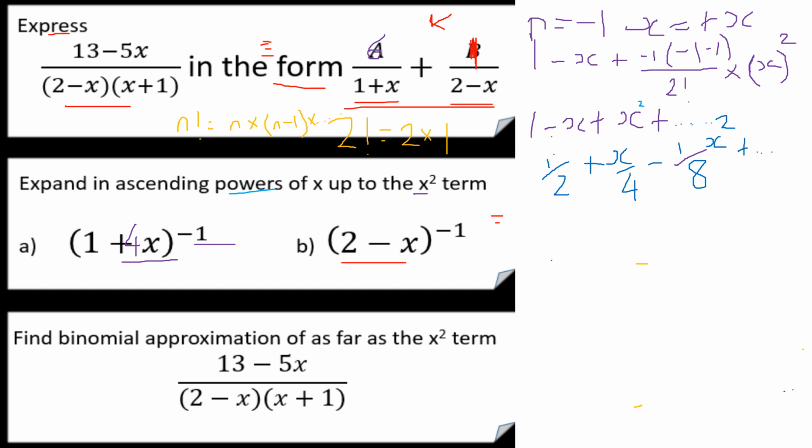I'm going to have 6 lots of (1 plus x) to the minus 1, plus 1 lot of (2 minus x) to the power of minus 1.